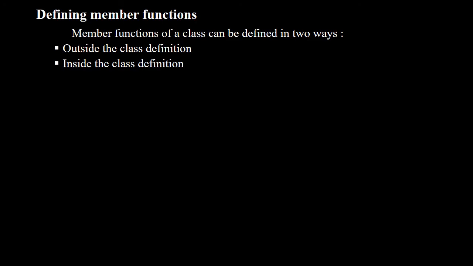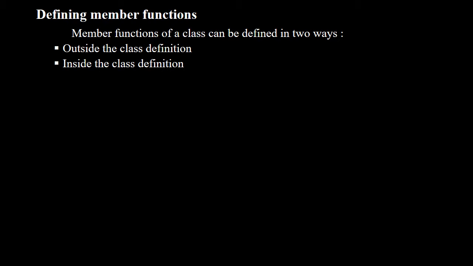The next topic is defining member functions. This is another important topic of this chapter. We have already discussed that a class can have data members and member functions. There are two ways of defining member functions in a class.